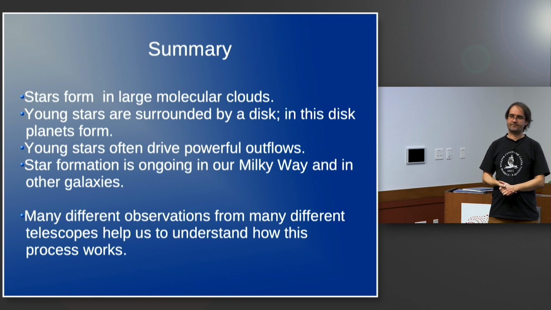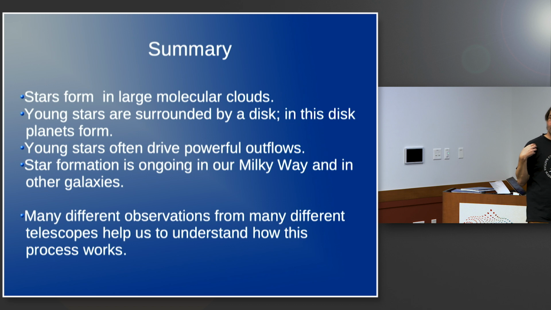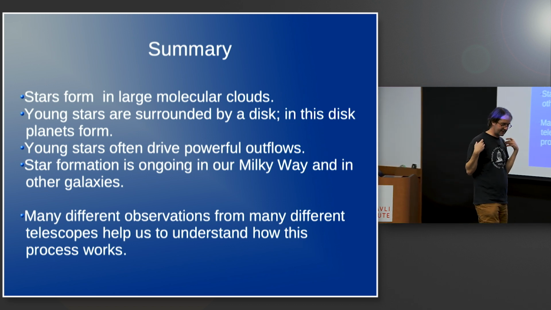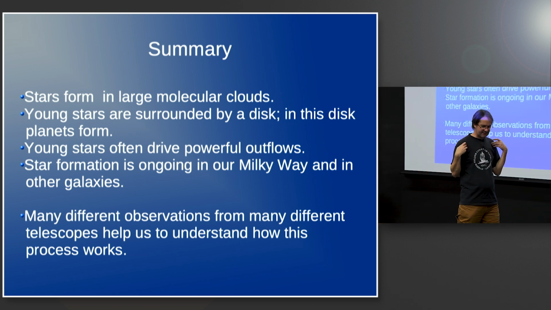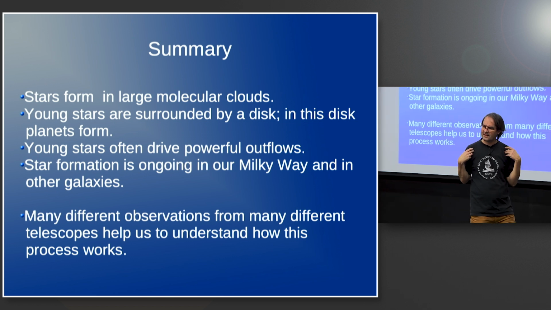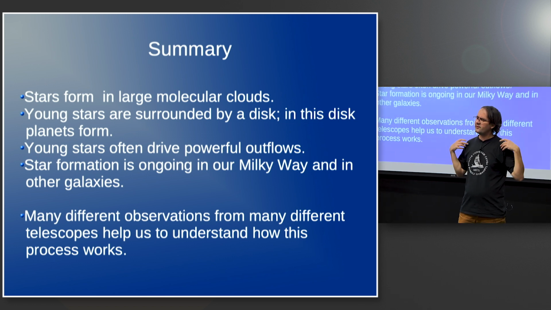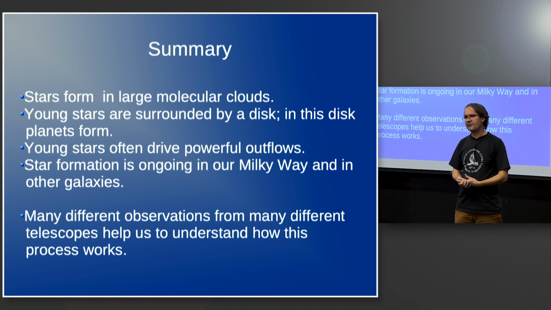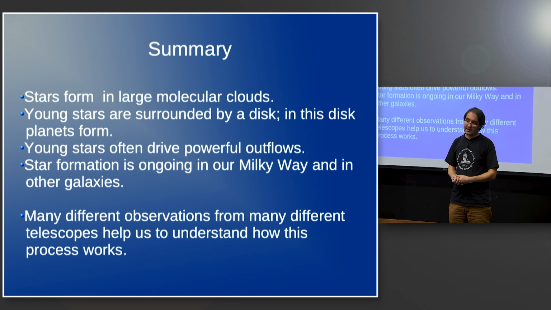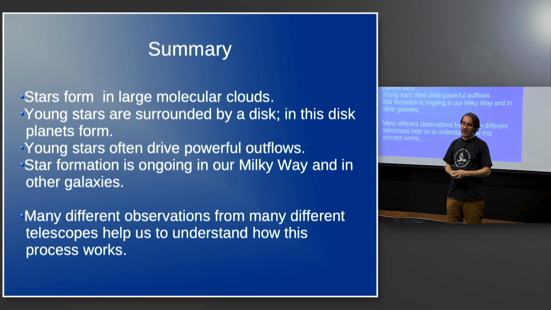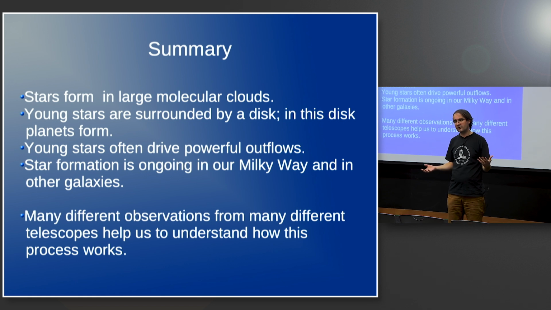And are you able to see stars forming in other galaxies as well? Yes. I don't, because I specialize in stars in our galaxy. In other galaxies, they're just so far away that it's hard to see. So in other galaxies, you only see the brightest and most massive stars. Things like our sun, you wouldn't see in a different galaxy. But things that are 100 times as massive as the sun, you would.